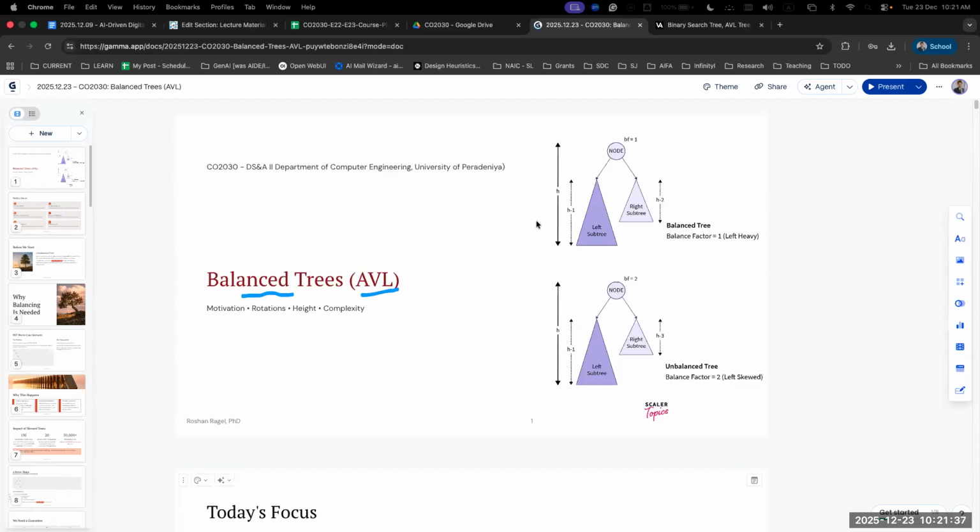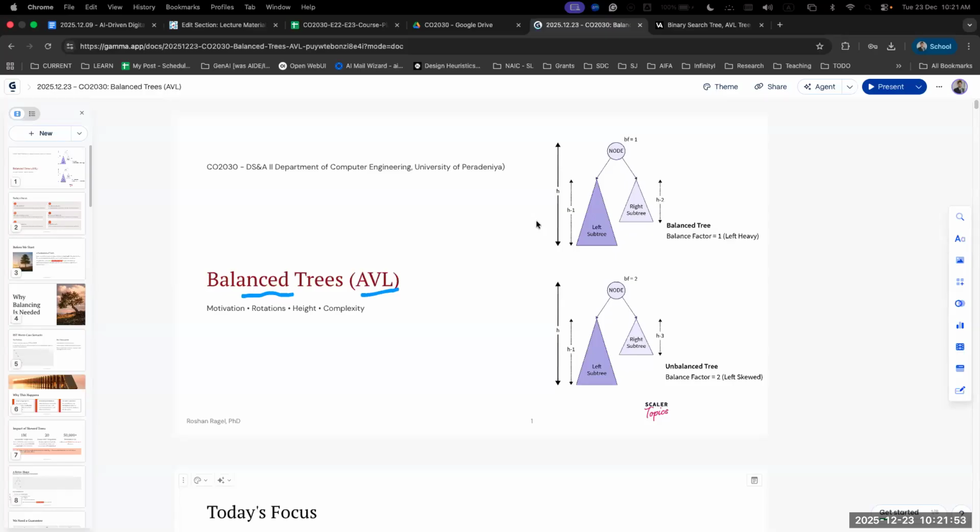Why? Because it can have unpredictable behavior. It can be bad in situations where the order in which we put items is bad. Those are the reasons why we decided a balanced tree is a requirement.